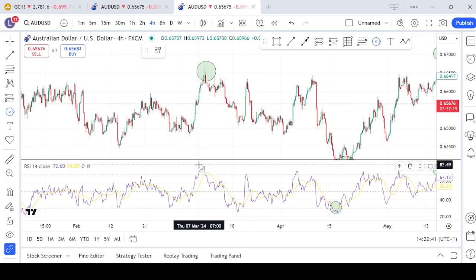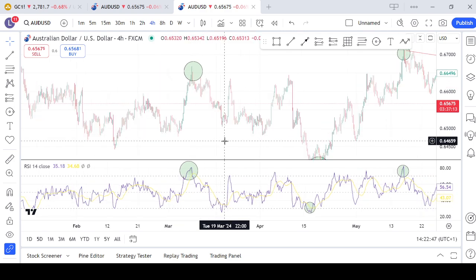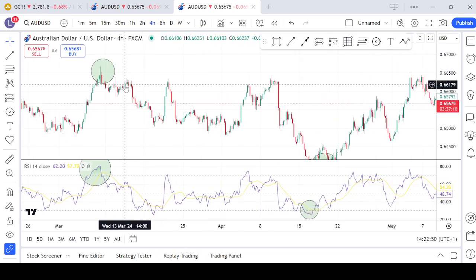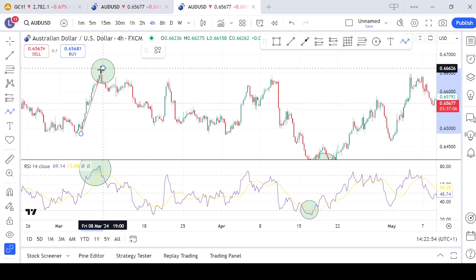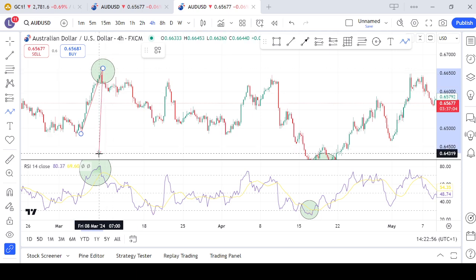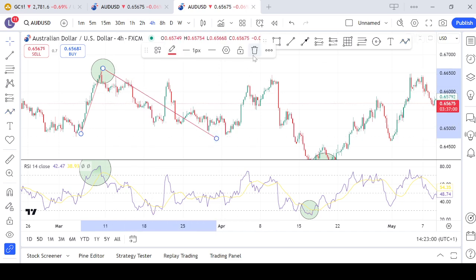RSI here, you can see this signifying potential bearish reversal. You can see that right there. So we had the overbought signal from the RSI, signifying a bearish reversal coming.